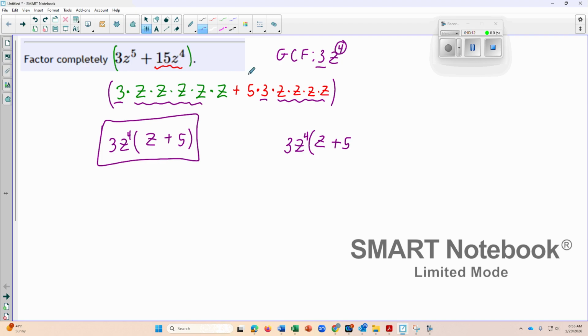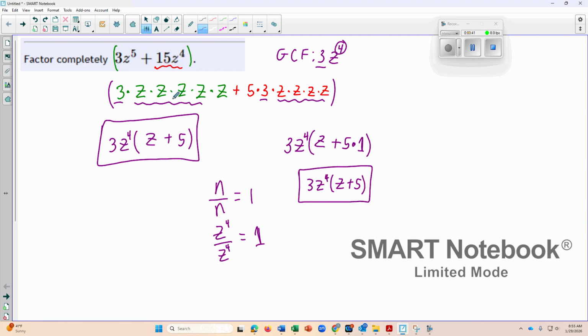And then z to the fourth divided by z to the fourth, basically it turns into a 1. Any value divided by itself is going to turn into a 1. But what happens is you're going to get 5 times 1, which is kind of silly. You don't really need to put 5 times 1. We just want to put the 5 there. So z plus 5. And so that's our answer.